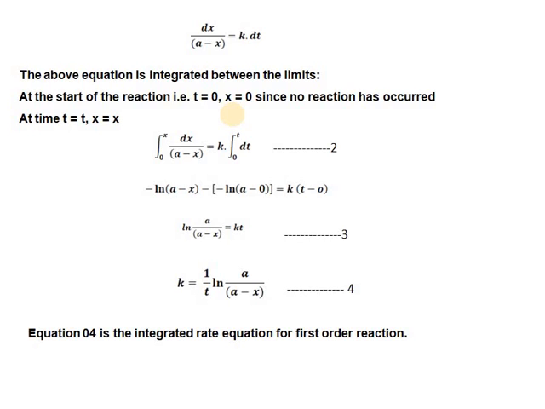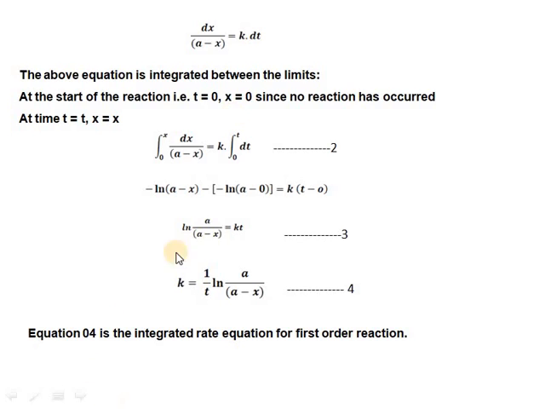After solving, ln is common, so ln a upon (a minus x) is equal to k t, equation 3.